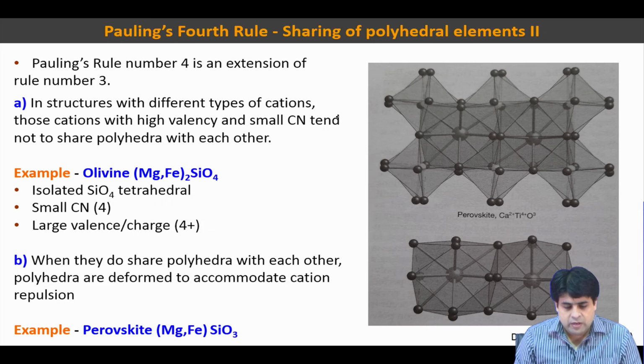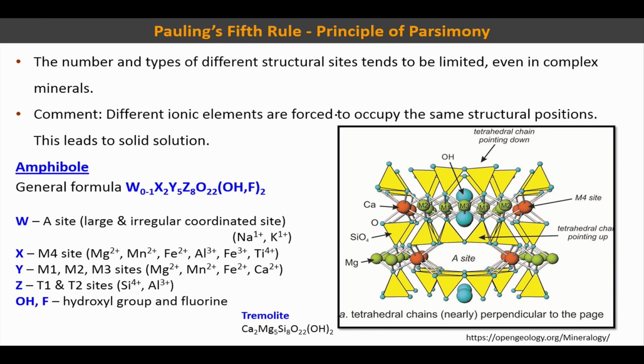And then you have a fifth rule, which is the rule of parsimony. It basically defines that even if you have many different atoms present in your crystal structure, all these atoms will go to particular structural sites.